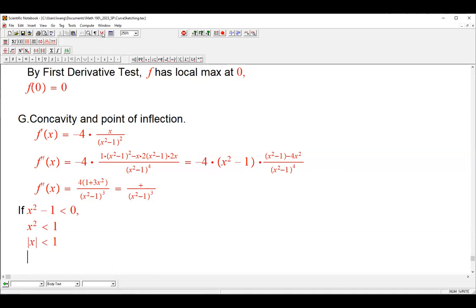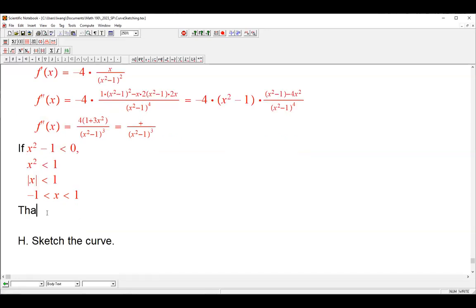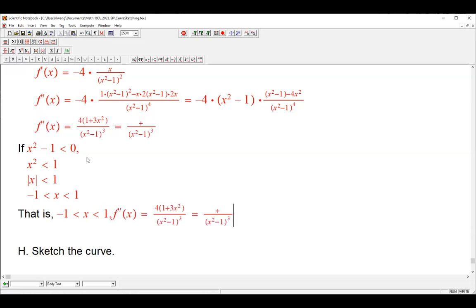In other words, if x is between negative 1 and positive 1, in this interval, the second order derivative is negative. The denominator is negative, so the whole thing is negative, which is concave down.